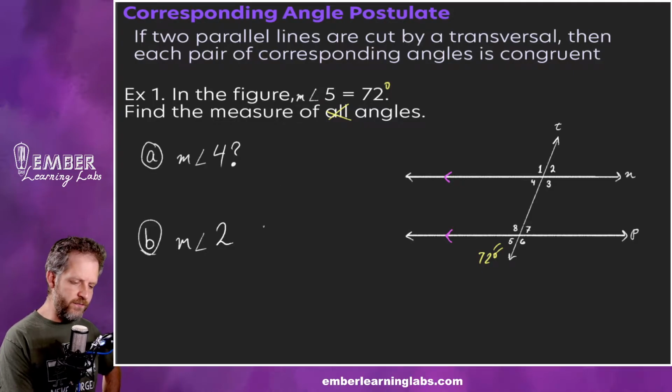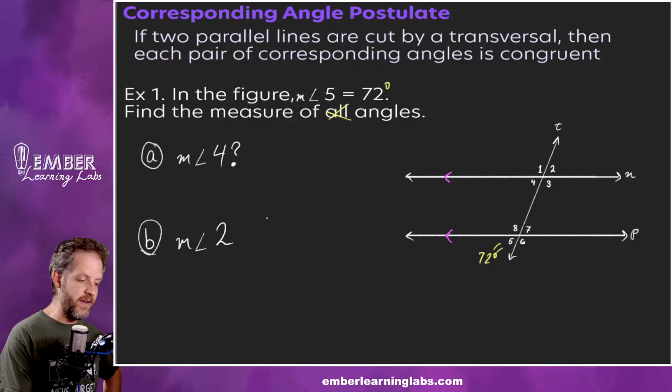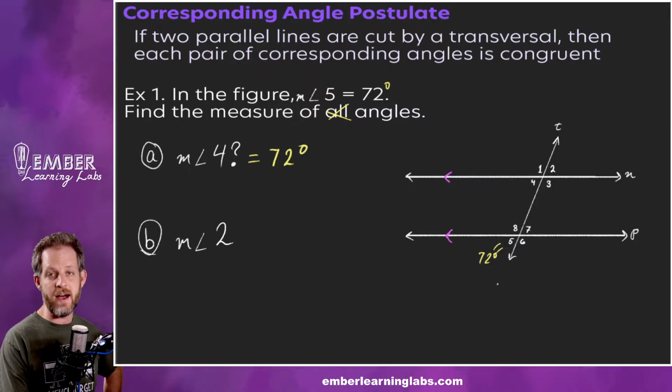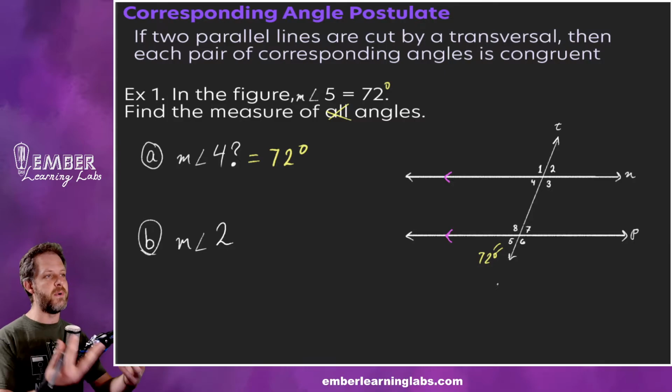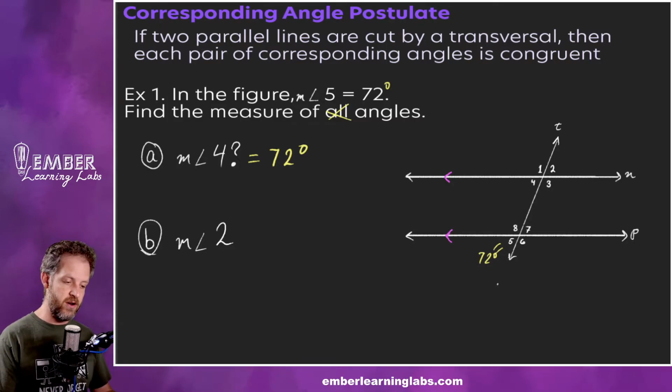The measure of angle 4 is the first one. Angle 4 is directly a corresponding angle with angle 5, and so its degree measure is also 72 degrees, because the corresponding angle postulate says that corresponding angles are congruent if the lines are parallel, which they are, and we know that because of these little pink arrows.